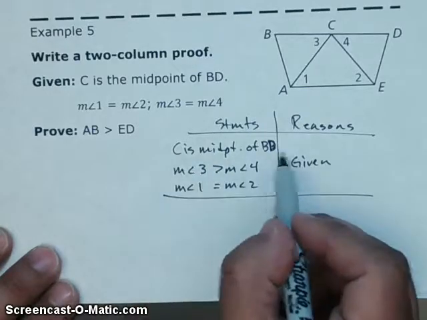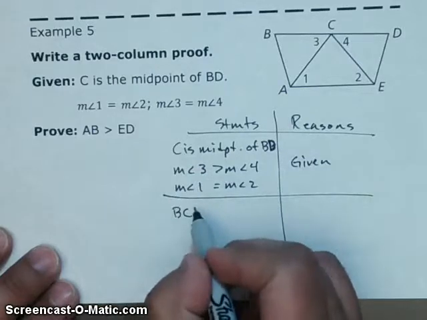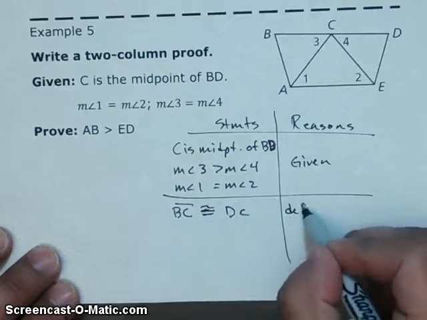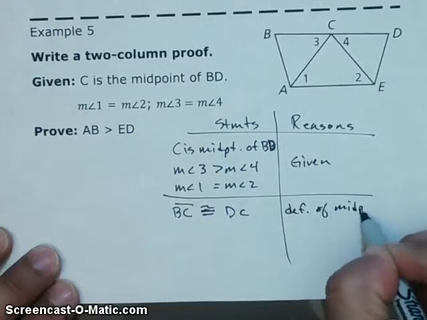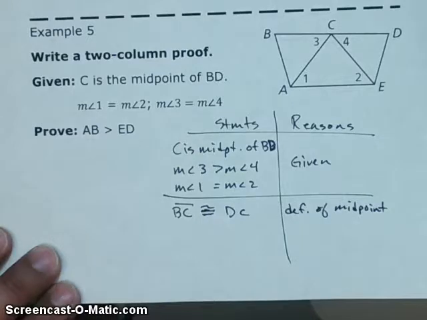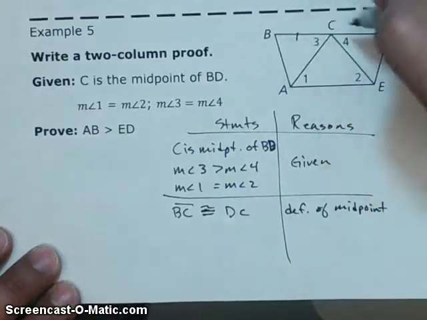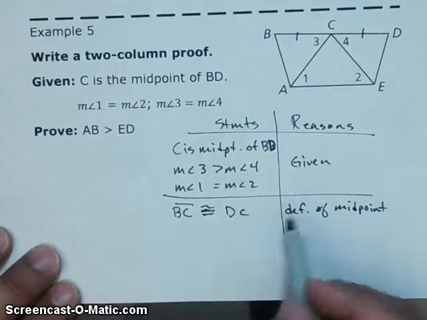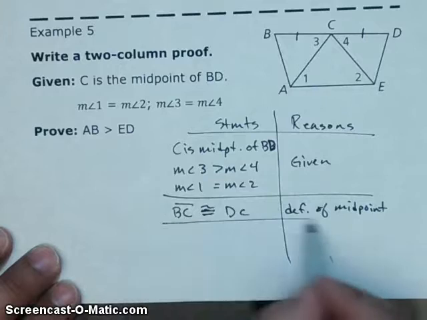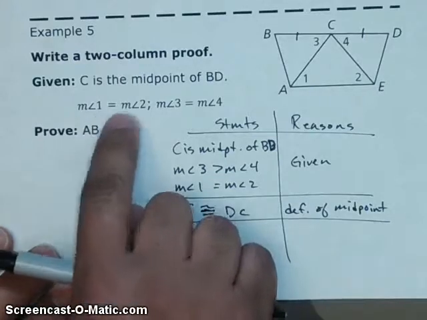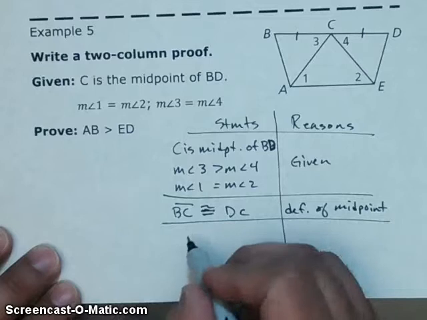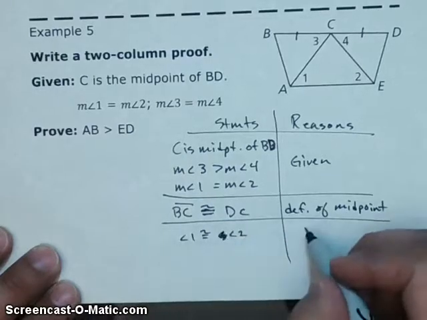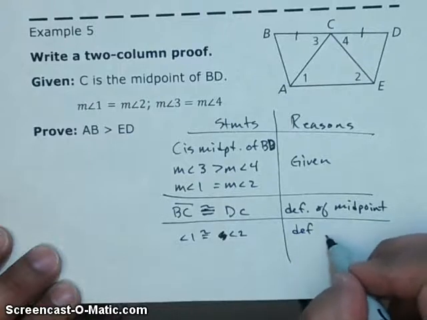Alright, since C is the midpoint of BD, that tells us that BC is congruent to DC, definition of a midpoint. So we'll go ahead and label our picture. And since the measure of angle 1 is equal to the measure of angle 2, that tells us that angle 1 is actually congruent to angle 2, definition of congruent angles.